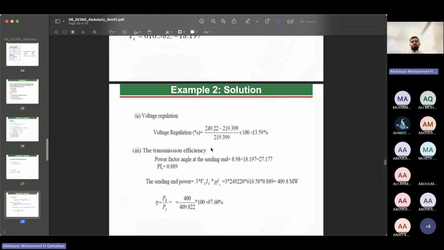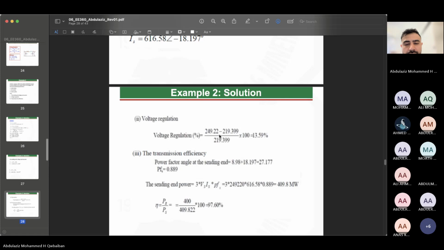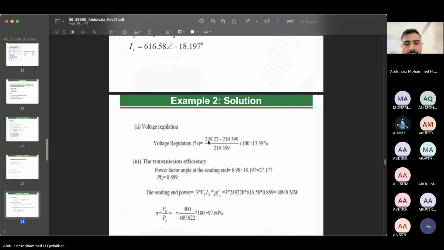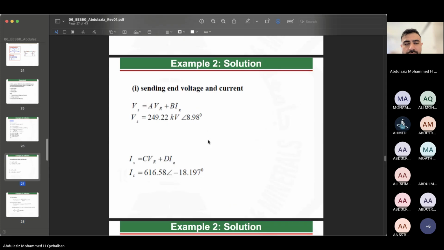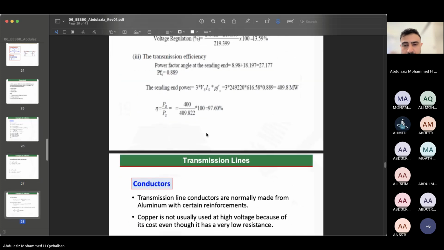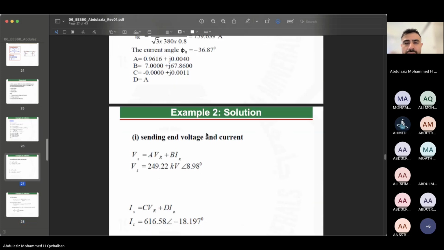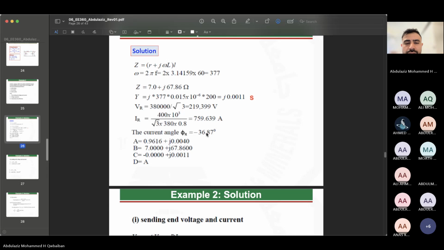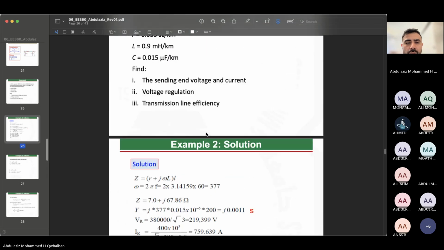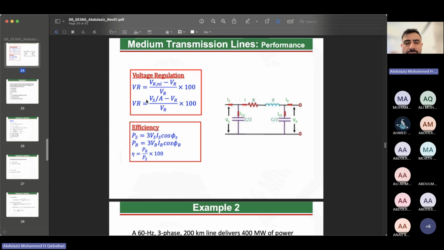Something is wrong. Well, I think that for the voltage regulation, it's always Vs minus VR.